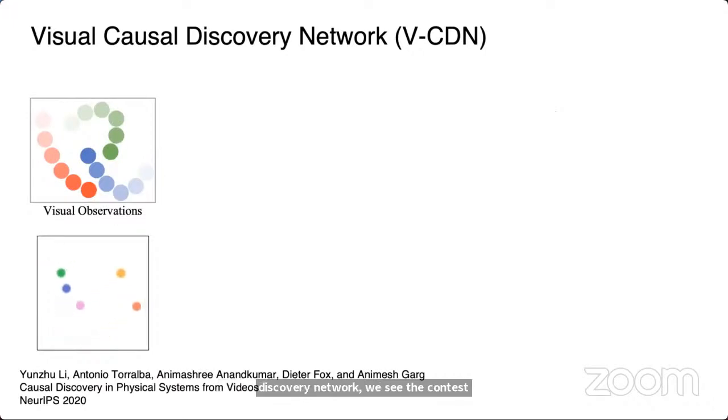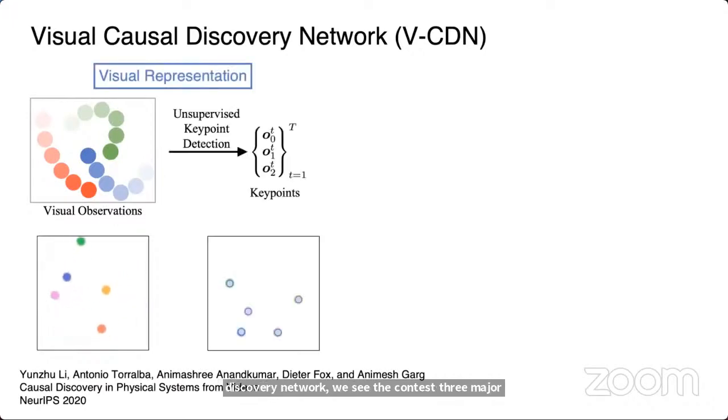Specifically, our proposed model, named Visual Causal Discovery Network, VCDN, contains three major components. The first component is a visual perception module, where we use an unsupervised key point detection algorithm that maps input images into a set of key points to enable node discovery. This is a completely unsupervised process and can be learned using an image reconstruction loss.